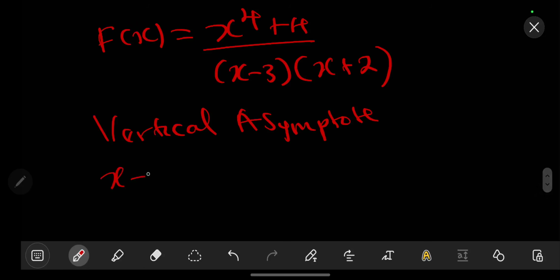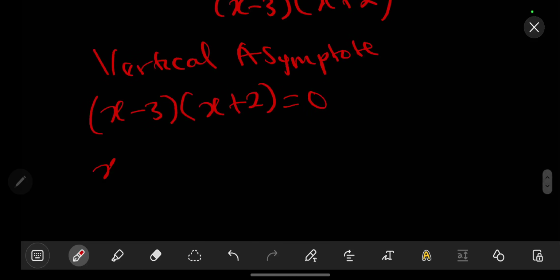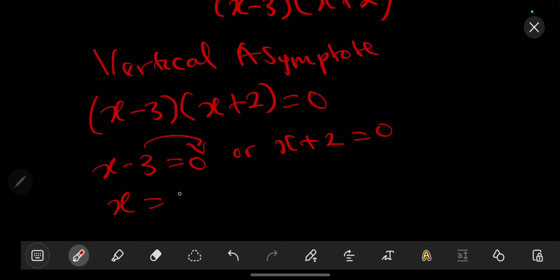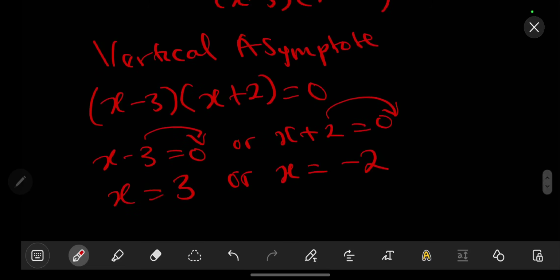So we equate x minus 3 and x plus 2 to 0. So either x minus 3 is equal to 0 or x plus 2 is equal to 0. So x is equal to positive 3, or x is equal to negative 2. So these are our asymptotes.